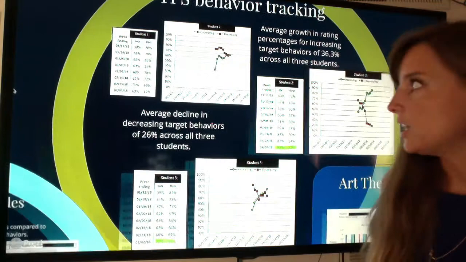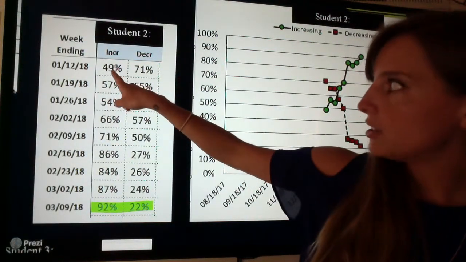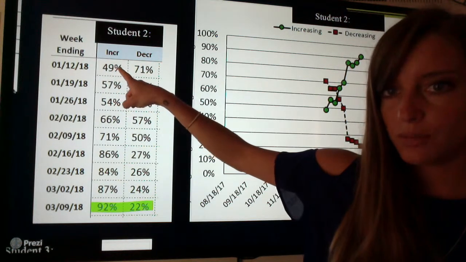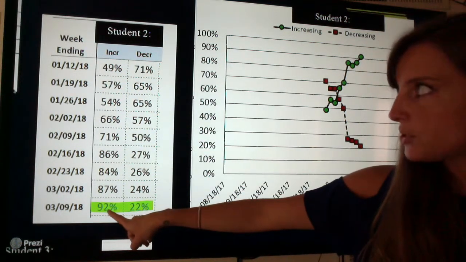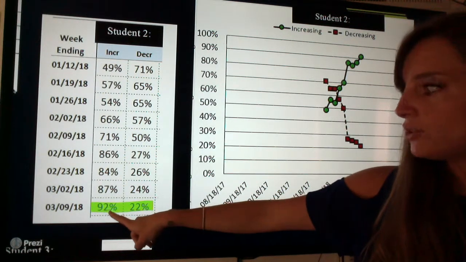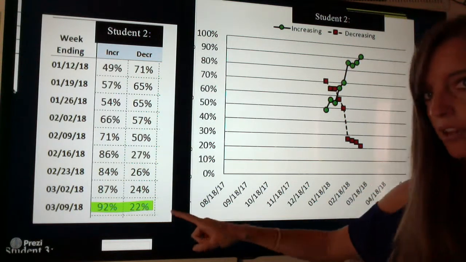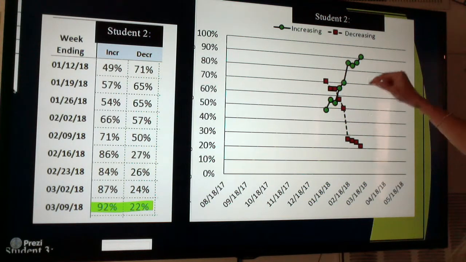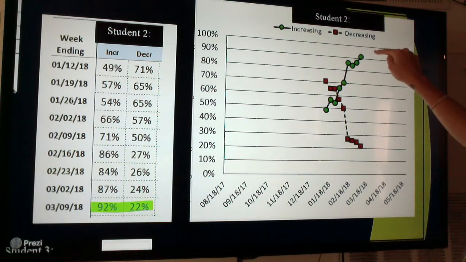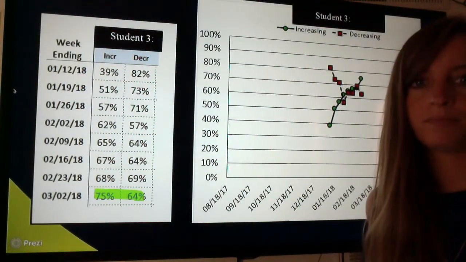They began with a higher level of decreasing behaviors and a lower level of increasing behaviors, but toward the end of the study, we have a 92% rating of incidence of the increasing behavior and a 22% rating of incidence for the decreasing behaviors. So you can see that this rate was actually inverted, so that the increasing behaviors are more prevalent than the decreasing by the end of the study. This was also consistent with student number 3.